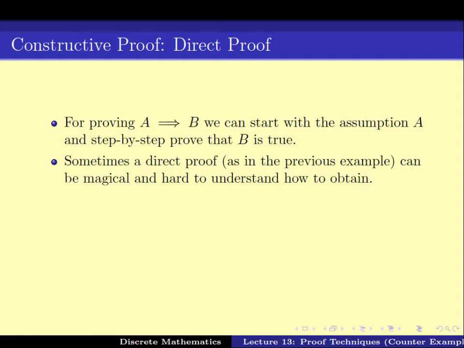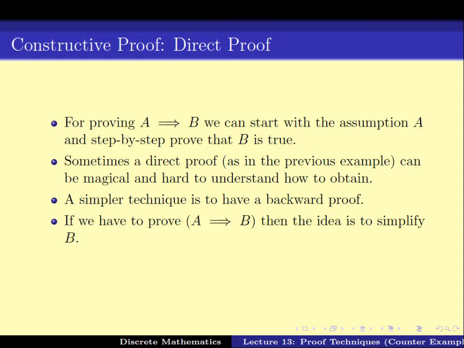Another technique is what is known as a backward proof. In this technique, to prove A implies B, the idea is to simplify B slowly till you simplify it to a different form.